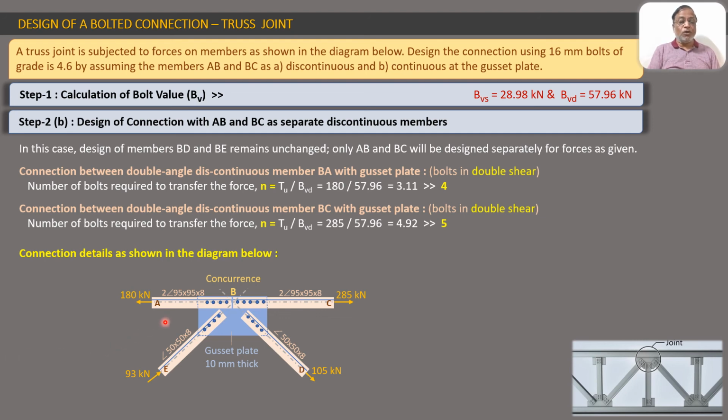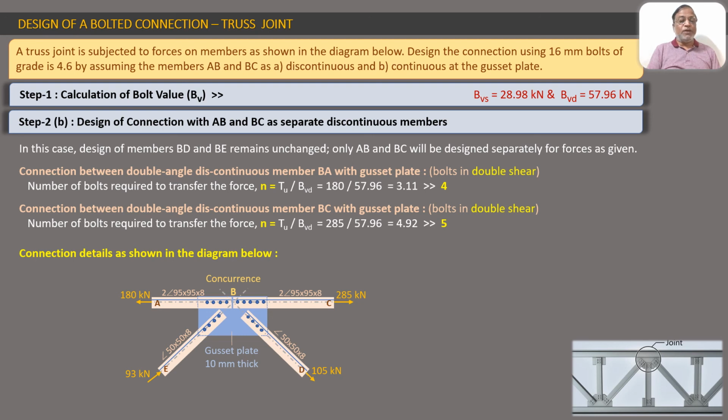Whereas when they are not continuous or separate, one requires 4 bolts, the other requires 5 bolts. So totally the connection requires 9 bolts in comparison with the 2 bolts. So here the benefit or advantage of continuity of member whenever possible is automatically highlighted. So whenever possible we should have the continuity of the members at the gusset plate.